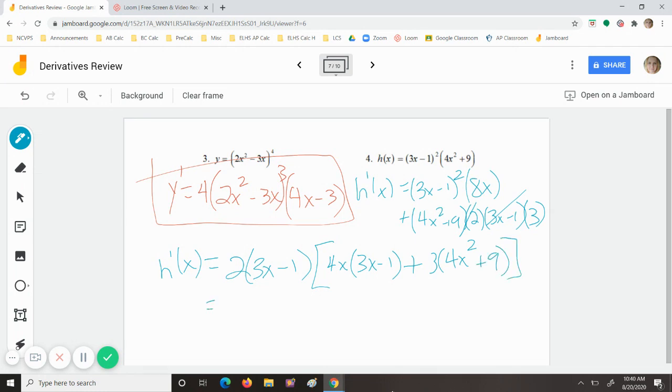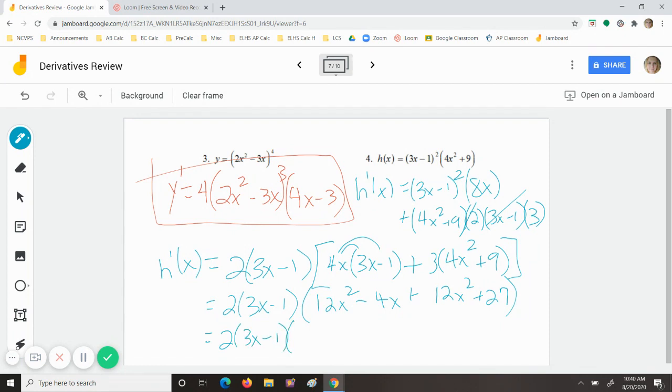Okay, so we just need to simplify down a little bit. Inside here, we've got 12x squared when we distribute, minus 4x, plus 12x squared plus 27 when we distribute that 3. Okay, let's simplify down.